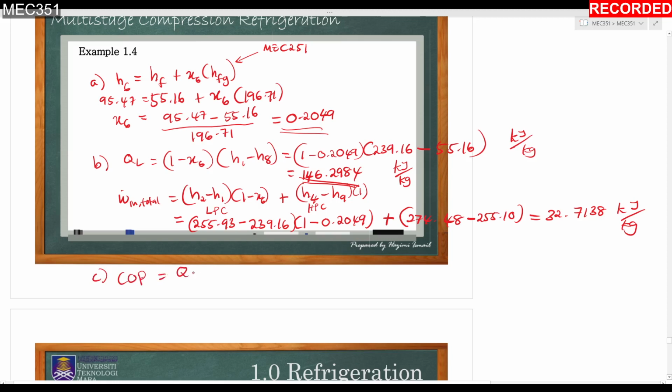COP is the QL over work in total, 146.2984 divided by work in 32.7138, and finally we will get, wait a second, I use my calculator first. Okay, I get 4.47 COP value.